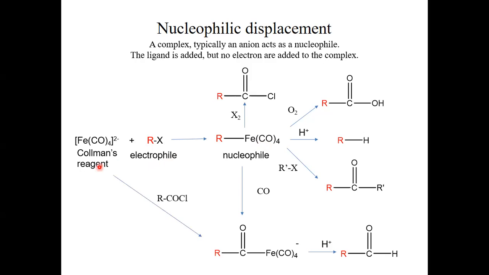All right. One more thing I forgot. You can also react this Collman's reagent not only with an alkyl halide, but also with an acyl chloride as an electrophile, and then you can go to this molecule here directly.